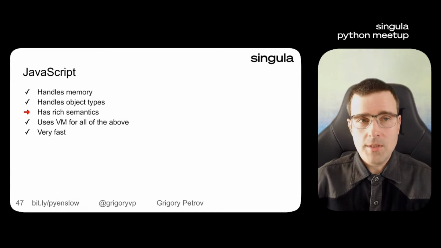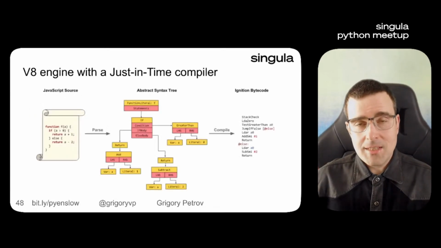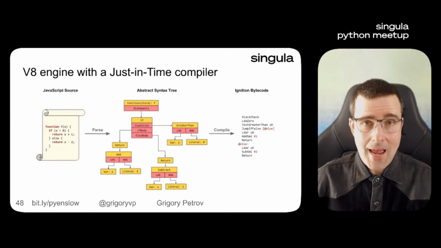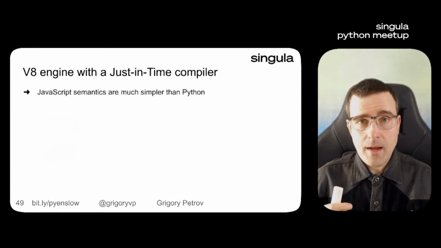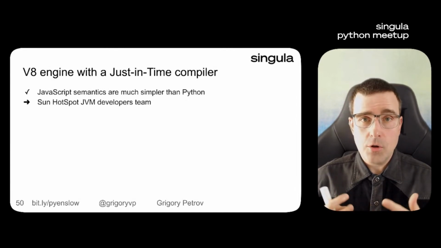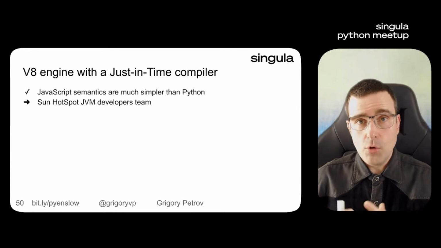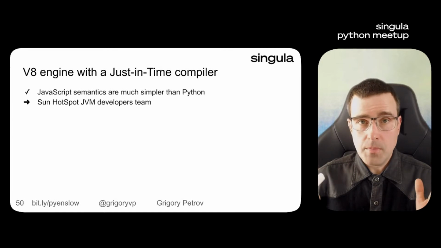One of the points is a lie. Actually, it's about the richness of JavaScript semantics. It is not a semantically rich language. And the secret of JavaScript speed lies within its V8 virtual machine with just-in-time compilation. This simple semantics allows the Sun HotSpot JVM team to create a really fast virtual machine.